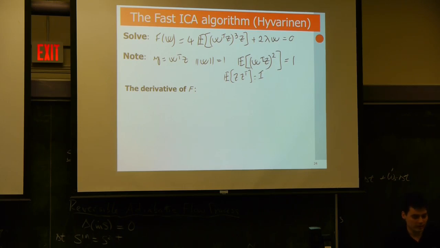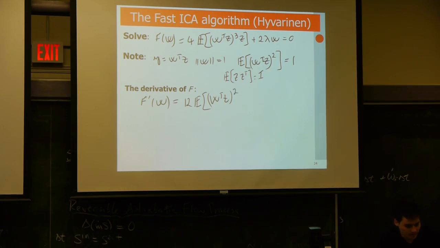For Newton method, we need the derivative of f. So what's the derivative of f? You can help me. It's 12 times the expected value of W transpose Z to the power 2.